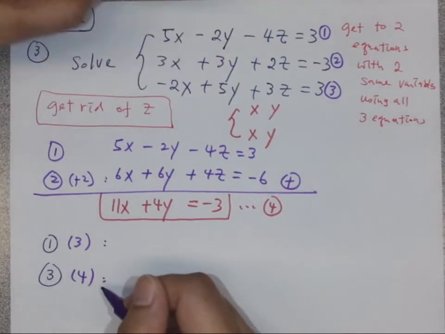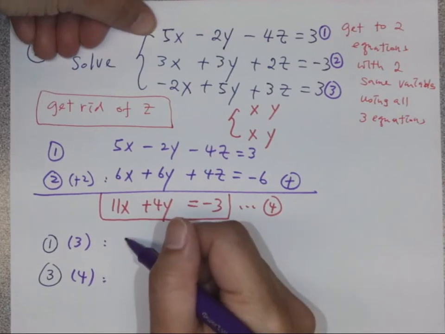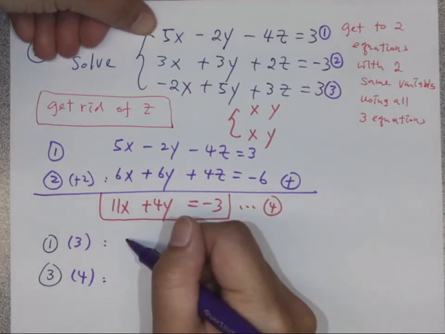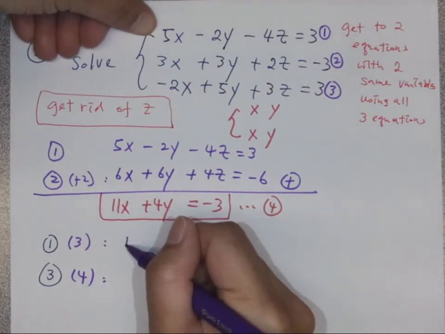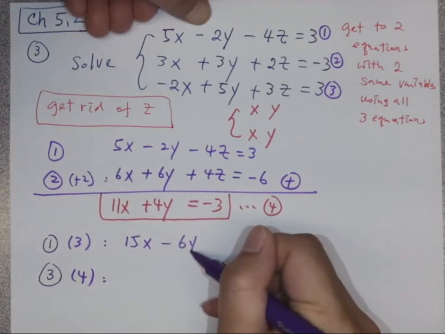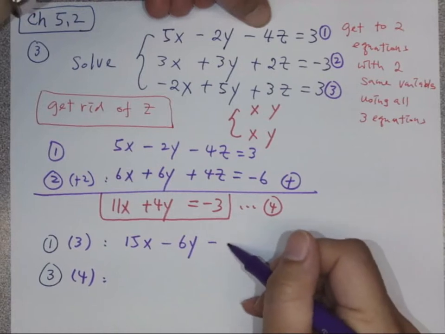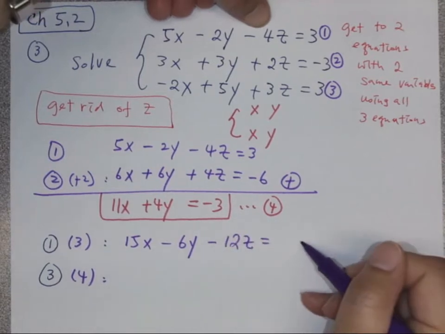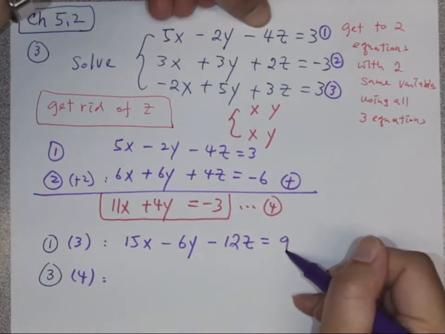So together, what do we get on the top one? 15x minus 6y minus 12z equal to 9. Okay.